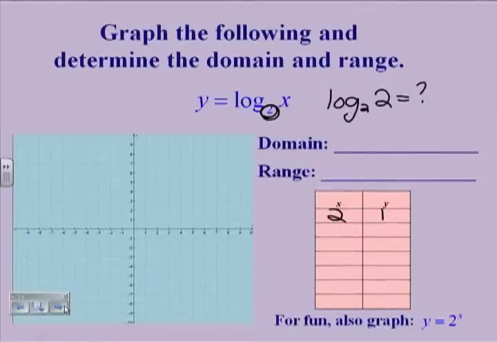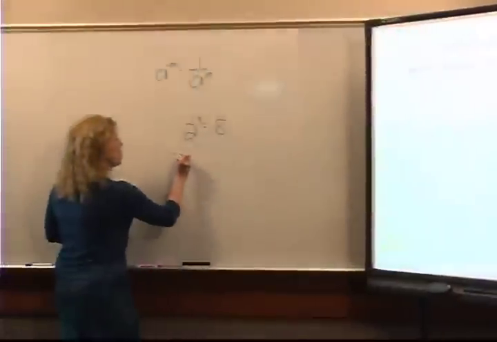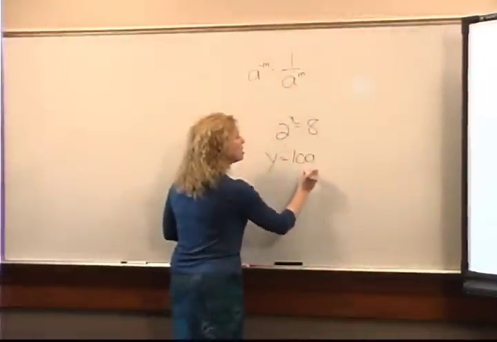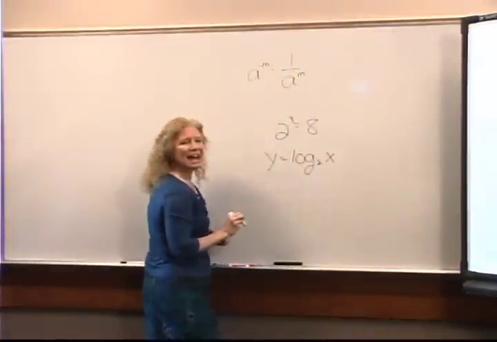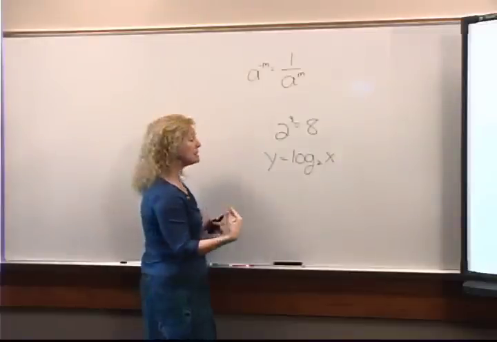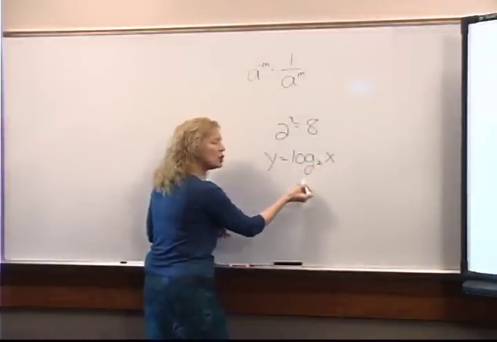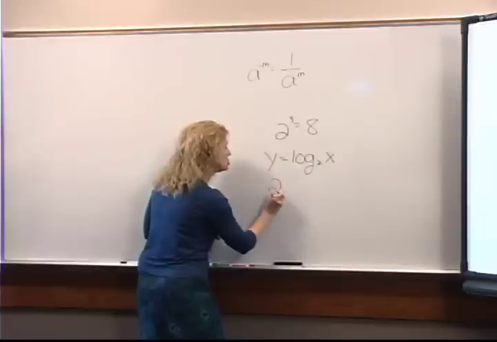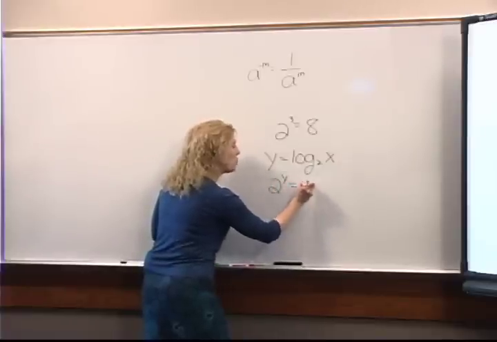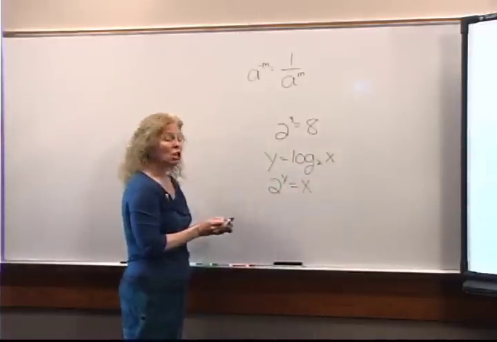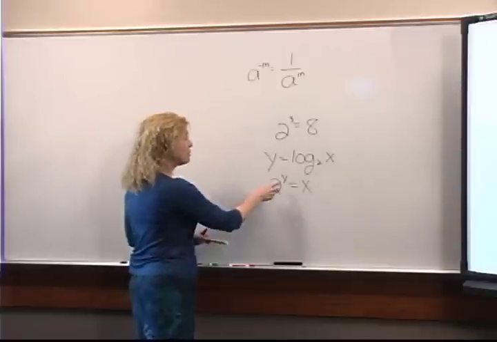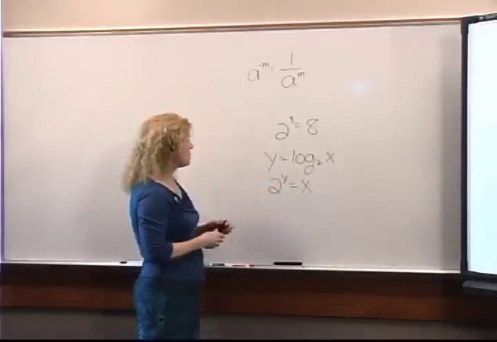Now, as it turns out, it kind of dawns on us pretty quickly it might be better to pick values for y, okay? Because here's what I've got. y equals log base 2 of x, and it's kind of hard to keep thinking those guys backwards. But if I come out of the logarithms, that means 2 raised to the y power is x. So it really might be easier for me to just pick numbers for y.